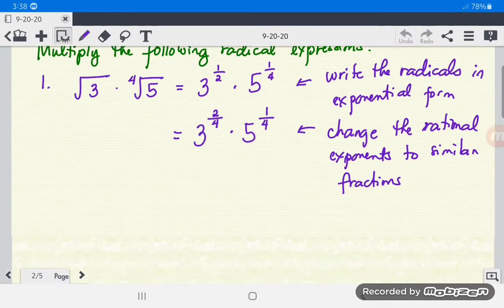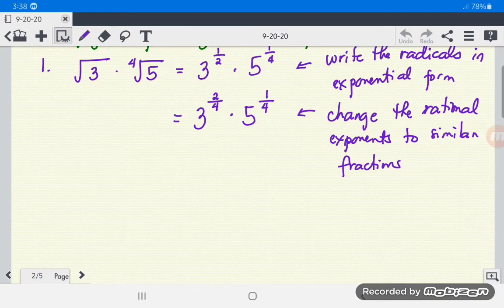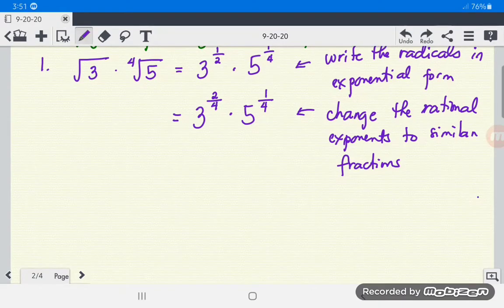Okay, the next step is to rewrite the product as a single radical. Given the exponents as now similar fractions, we get the denominator as the index. So, we have the fourth root of 3 raised to the second power, then times 5 raised to the first power.